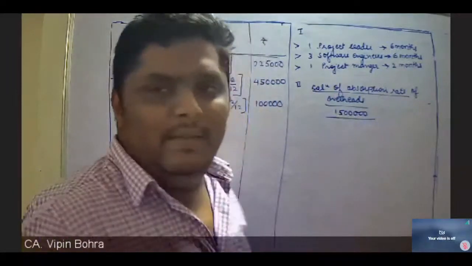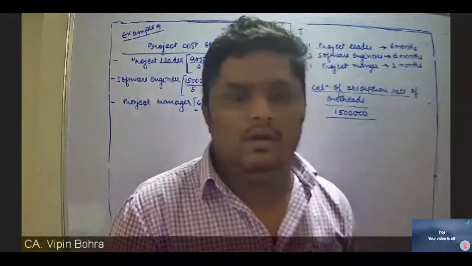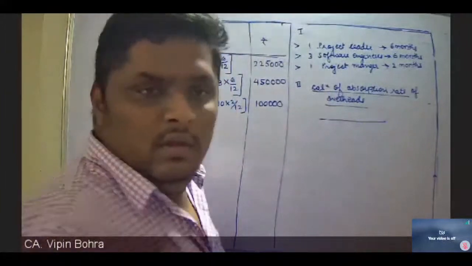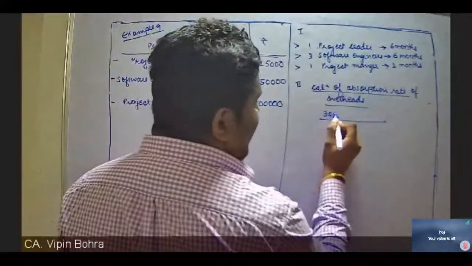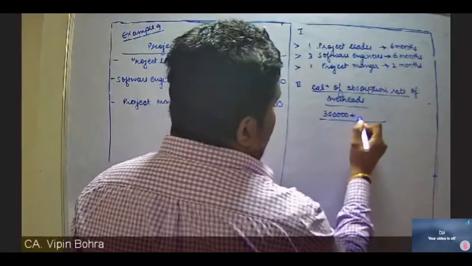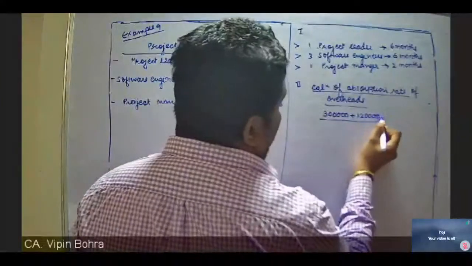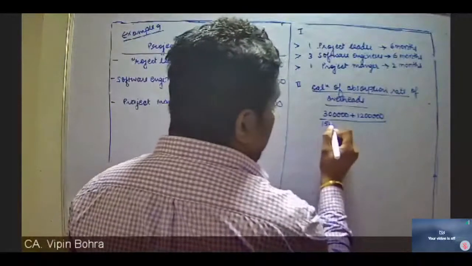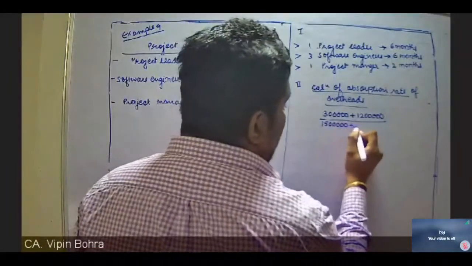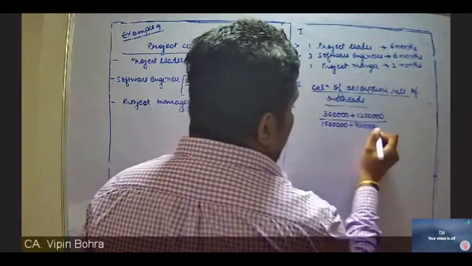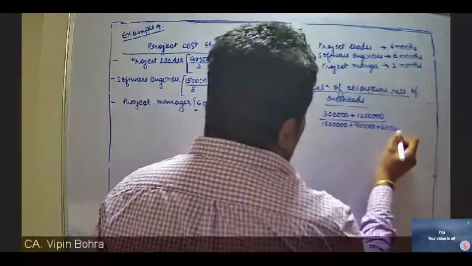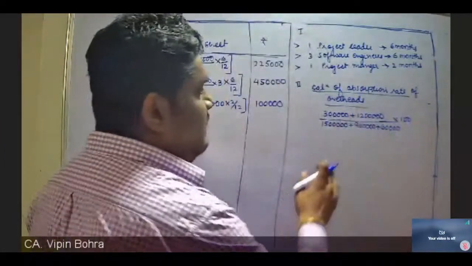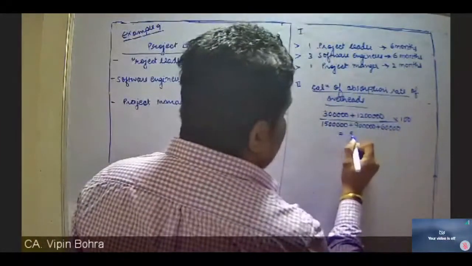I'll bifurcate it for you. Total overheads are 3 lakh plus 12 lakh, divided by total salaries paid, that is 15 lakh plus 9 lakh plus 6 lakh. So 15 lakh divided by 30 lakh is 50%.